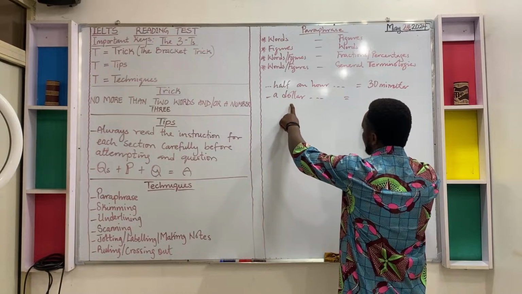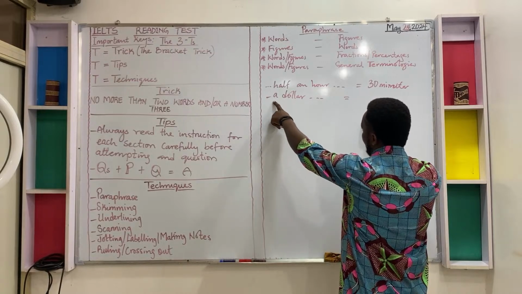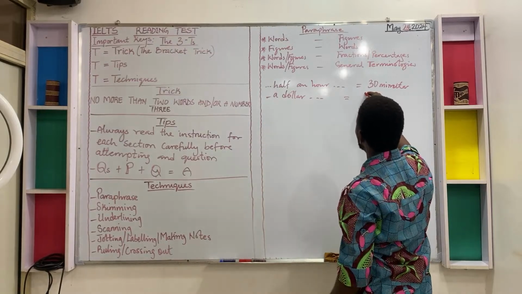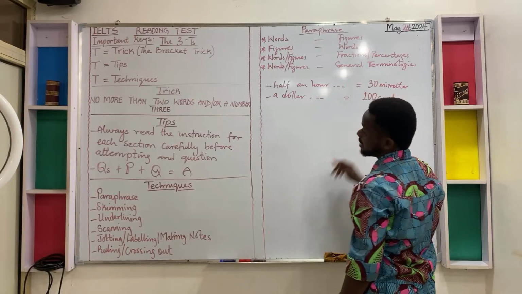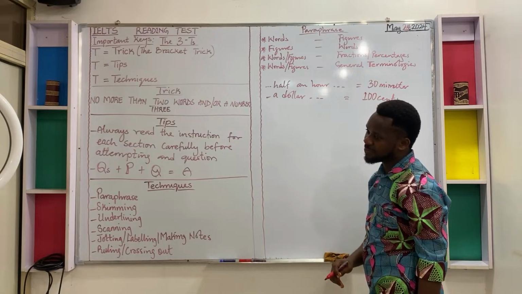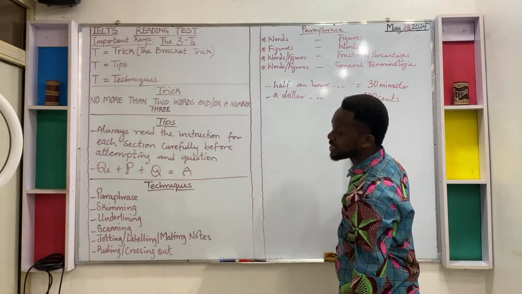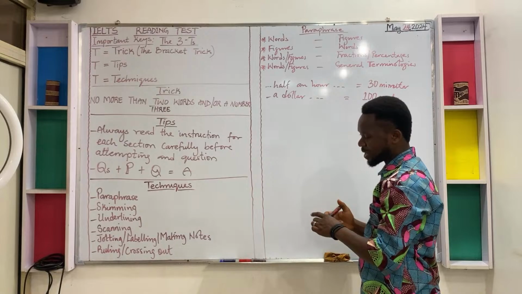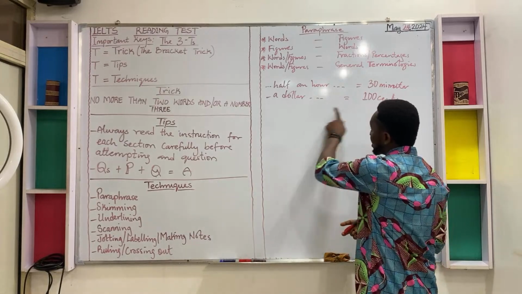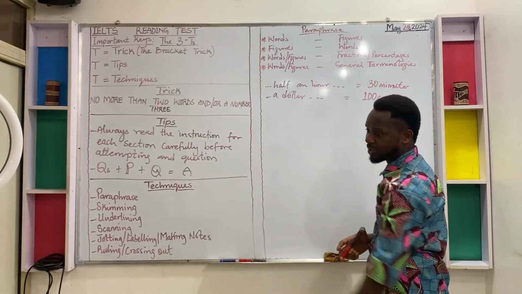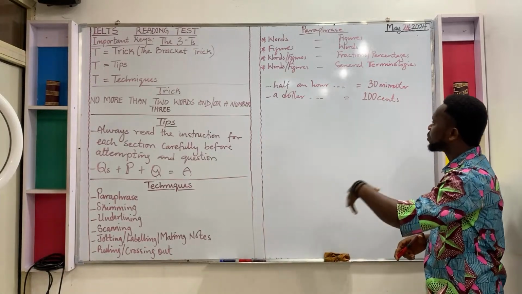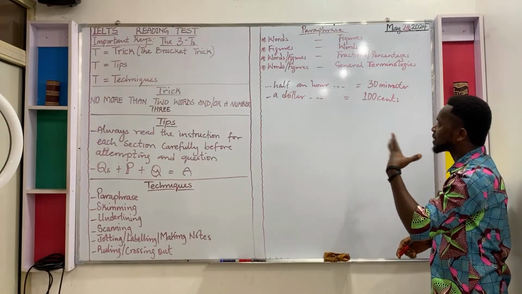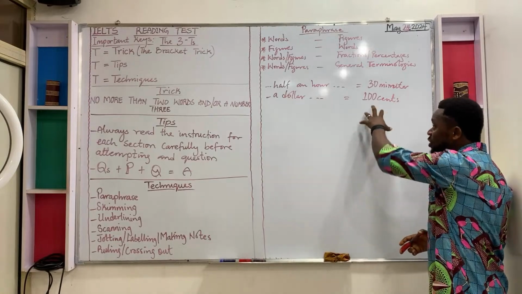Now, if the answer is rescheduling, to mention this dollar, you will see the question will talk about 100 cents. And you are busy searching for 100 cents in the passage, not knowing that paraphrasing has taken place. 100 cents is equivalent to $1. Right?